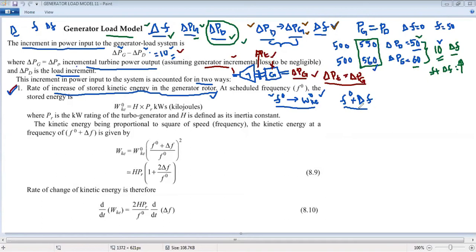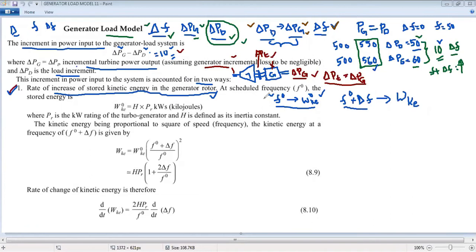Frequency rise means F naught plus delta F should be greater than 50 Hz. So 50 plus some value. It may be 1 Hz or 1.2 Hz or 2 Hz, so you will get 52 Hz. That is the frequency rise. That's why I have taken F naught plus delta F. At this condition, the kinetic energy of the generator rotor will be WKE.